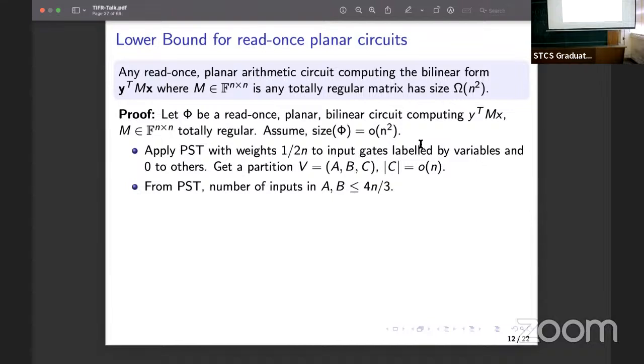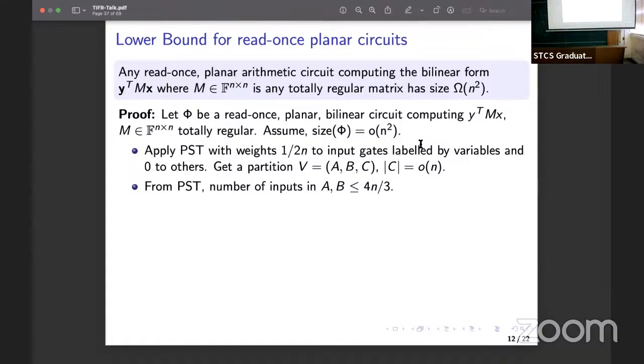You apply the planar separator theorem, which gives you three parts, A, B, C. The size of the separator is little o of n, because the original circuit has little o of n squared vertices. I just applied the planar separator theorem, assigning weights appropriately.